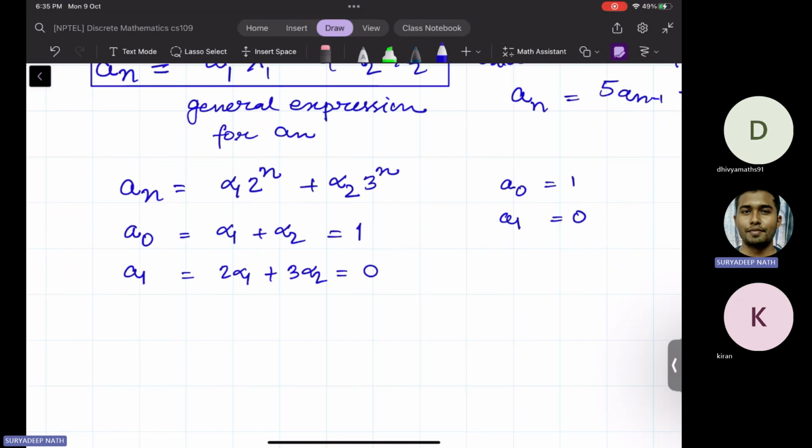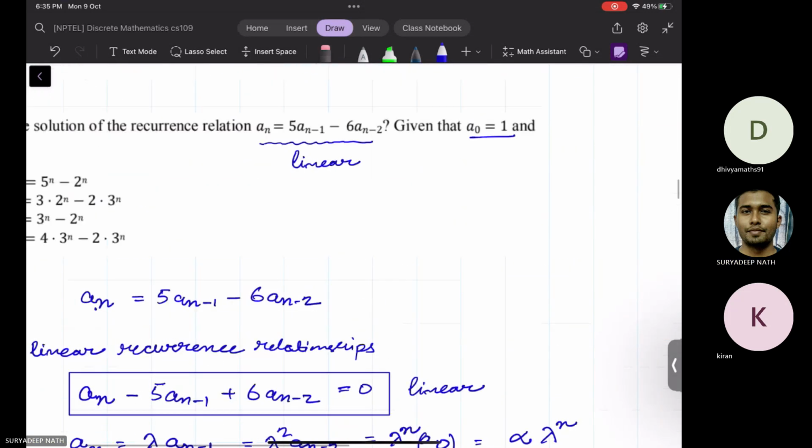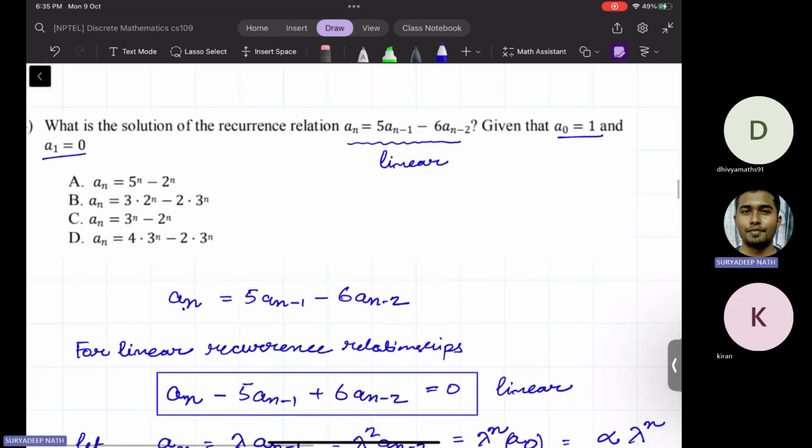From this we get alpha 2 equal to 1 minus alpha 1, and if I plug it into this equation, it's 2 alpha 1 plus 3 times (1 minus alpha 1) equal to 0.